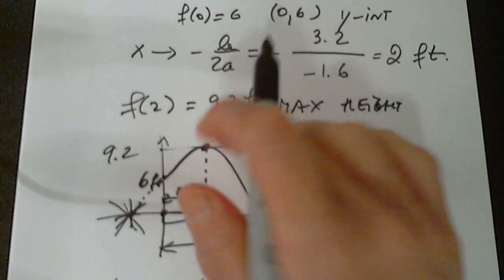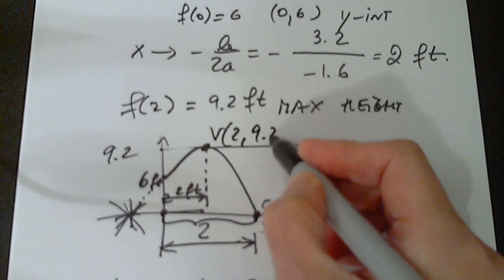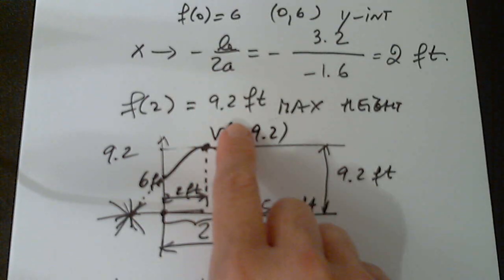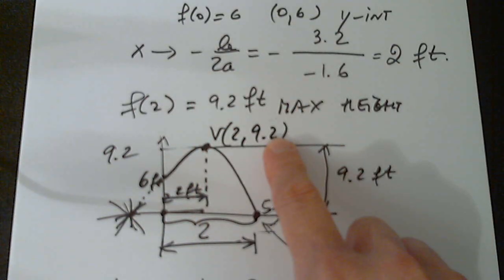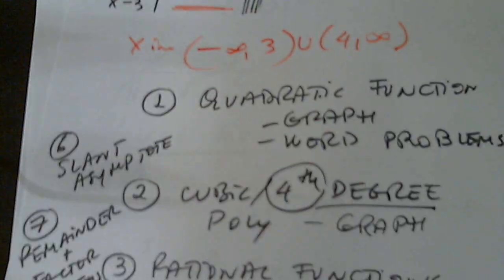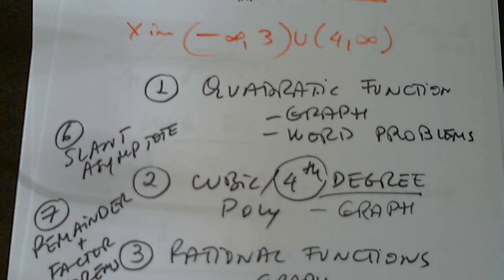So in this case, the vertex has coordinates (2, 9.2): x, which is negative b over 2a, and f of that number. The key in the quadratic function is always the vertex and, of course, the x and y intercepts. Good. Can we consider for now that the quadratic function is done, with graph and word problems?